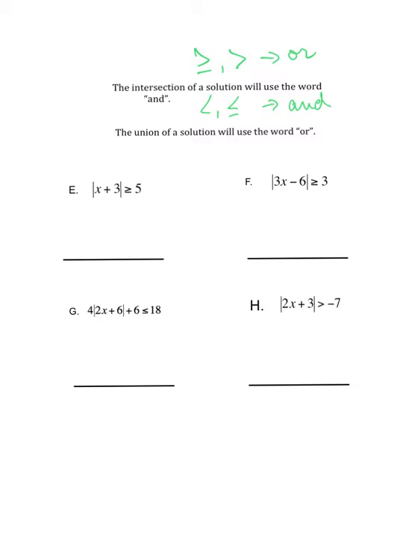So, anyway, here we go. Let's take a look at the first one. First of all, we have isolated the absolute value, so we're good there. Now at this point, just like when we had an equation, we need to write two inequalities. Okay?